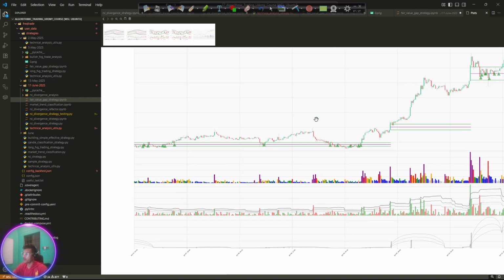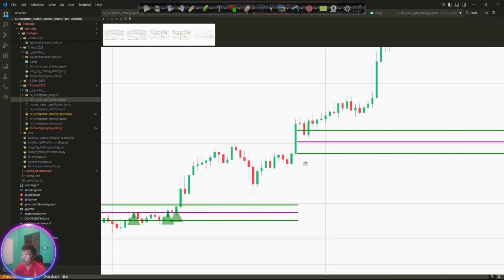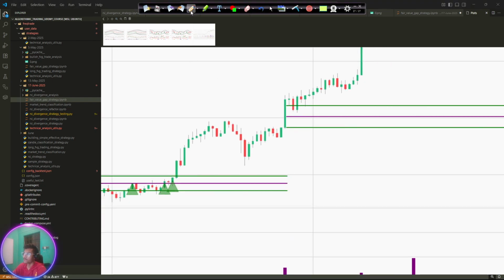Let's go and learn how to do that. See how the identification was. This is the low of that, this is the high of this candle, and we see this very small as compared to this.